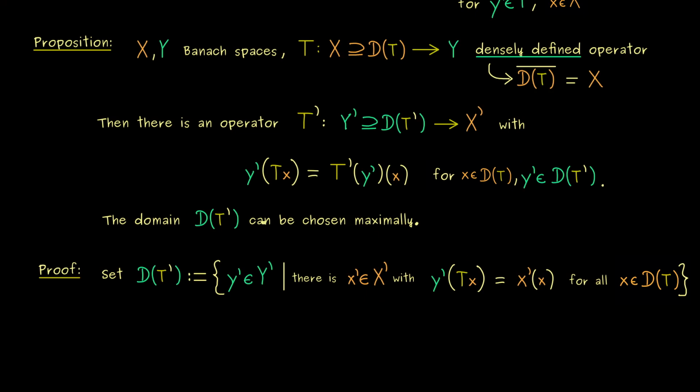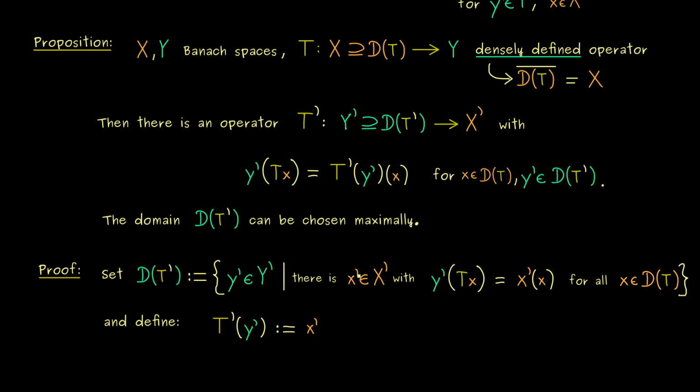And then we can actually do the mapping and say, yeah, this x prime is the image we want. Hence our T prime of y prime should be equal to this x prime. And that's already the whole thing because we have a domain and a linear operator. And moreover, we also see that this domain here definitely contains the zero vector.